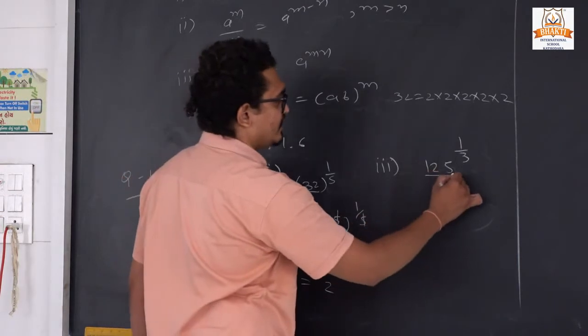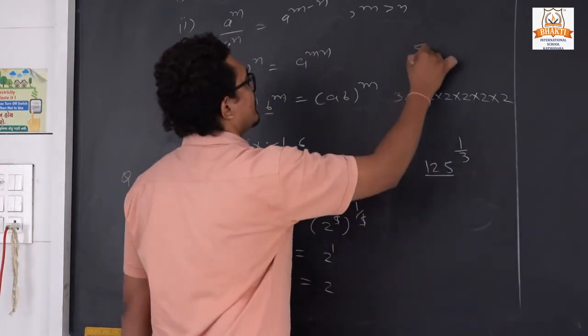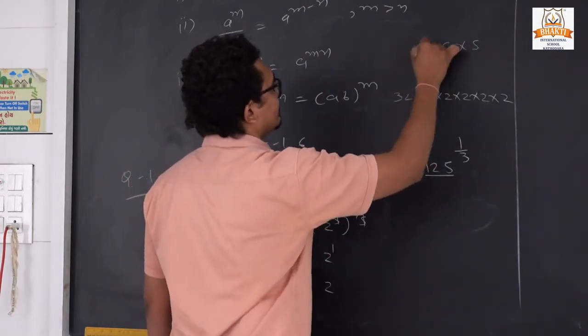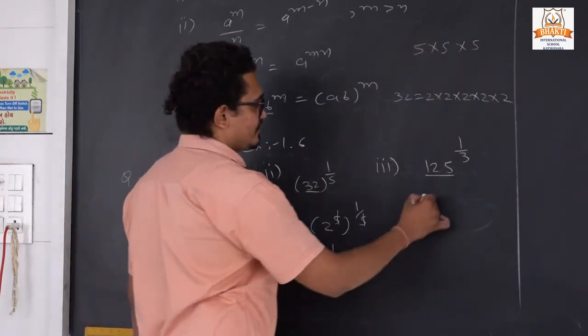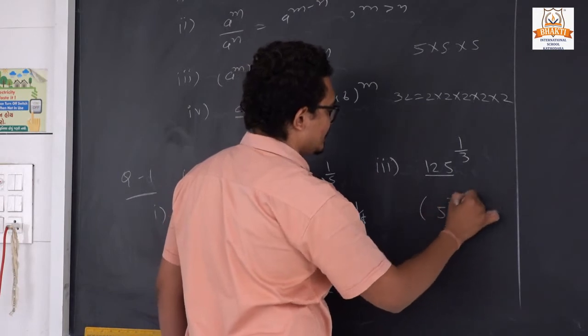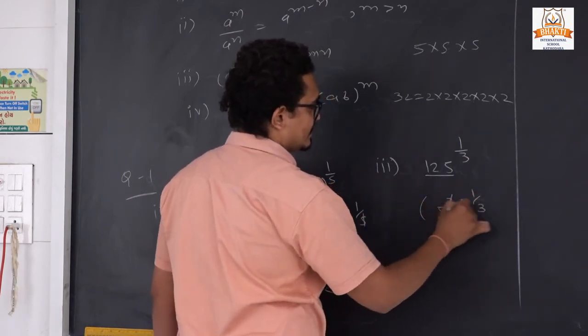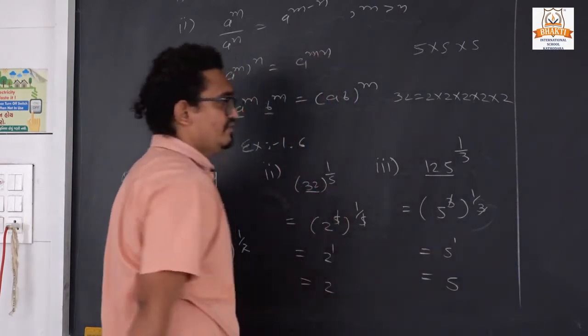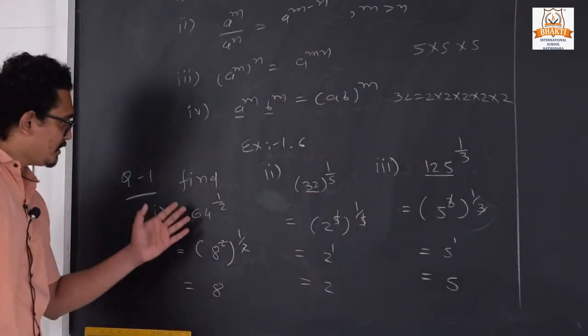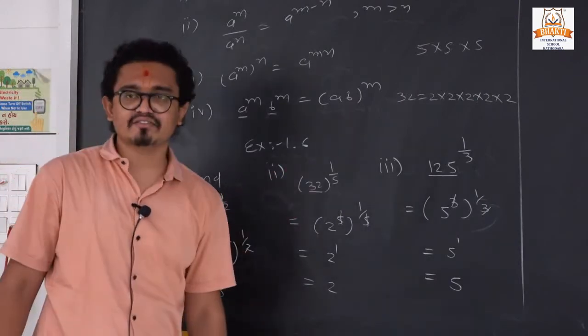Last question 125. So 5 into 5 into 5. So 5 5s are 25. 25 5s are 125. So we can write 5 raised to 3 all raised to 1 by 3. 3 cut. 5 raised to 1. So the answer is 5.